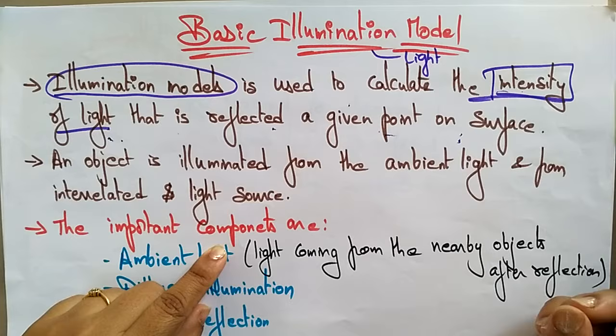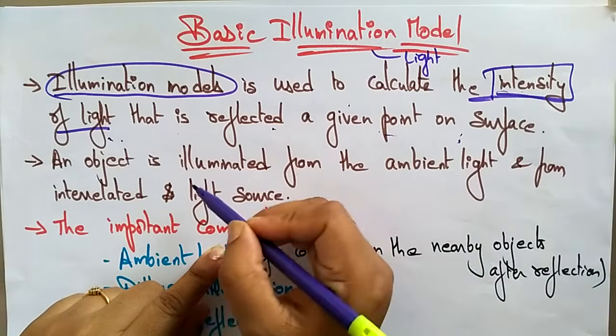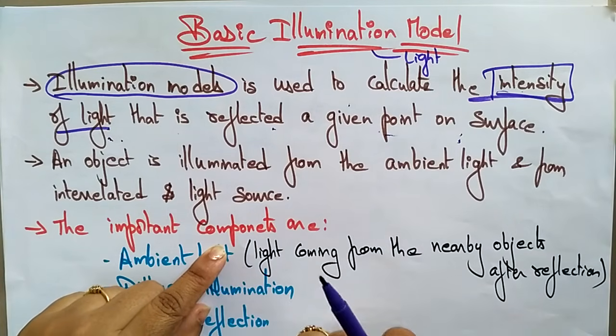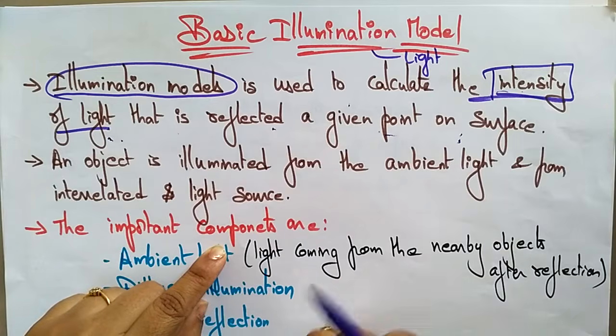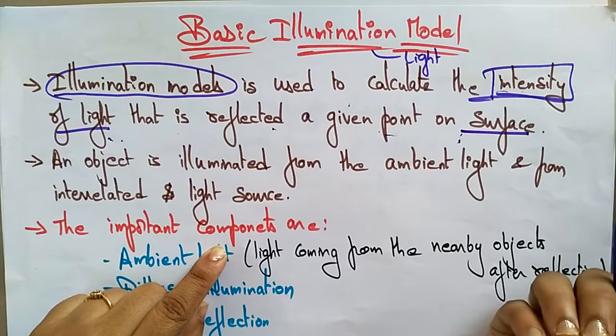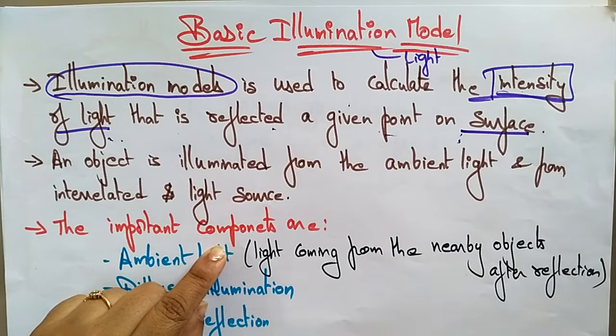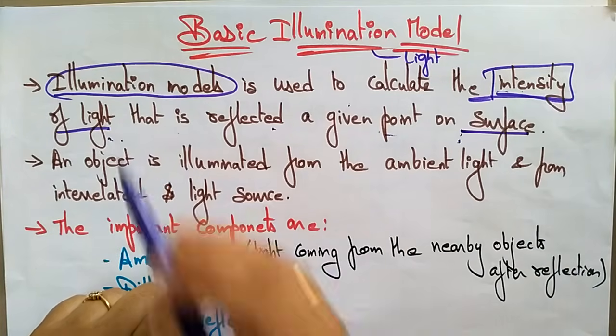Those models are used to calculate the intensity of the light, meaning how much light is absorbed by the surface and how much is reflected by the surface. That you call illumination models.